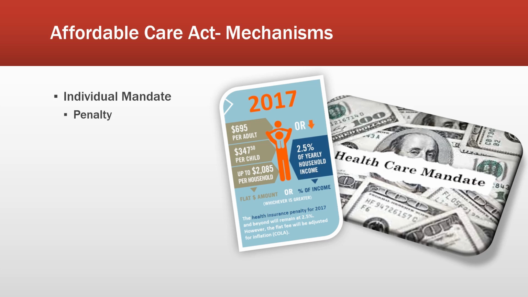Because in the insurance system, the healthy subsidize the sick. That's how insurance works. Lots of healthy people pay in, and those premiums go and cover the people who are sick.